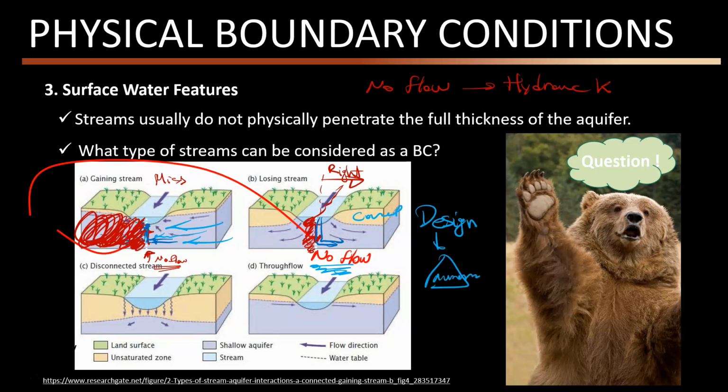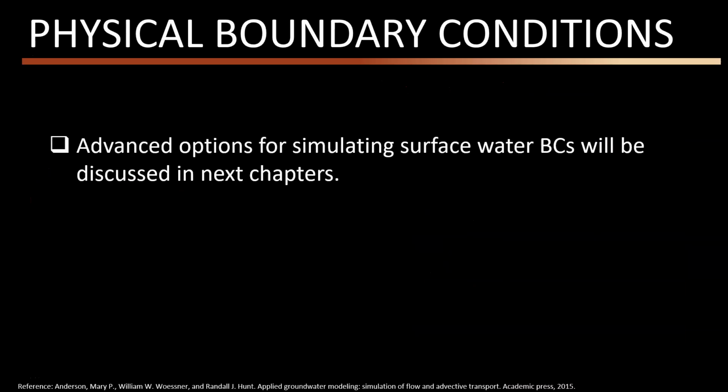So this is a very good example that I think is worth spending time to talk more about. We are going to continue talking about different boundary conditions and sometimes advanced forms of boundary conditions, including type 1, type 2, and type 3, specifically type 3 boundary conditions in the next videos again.